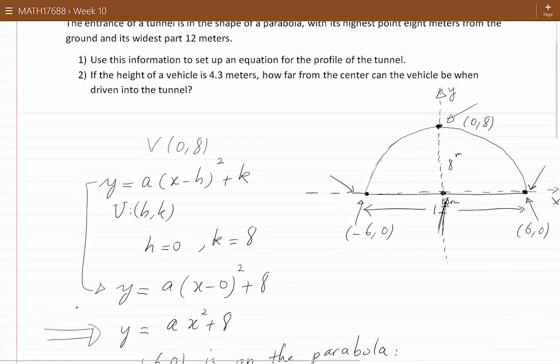There is a vehicle with height 4.3 meters. We could think of it as a truck which is carrying a load. And we're wondering how far from the center this vehicle could be before it collides with the interior of the tunnel. Let's sketch the possibilities. One possibility for the vehicle is to be as far to the left as possible.